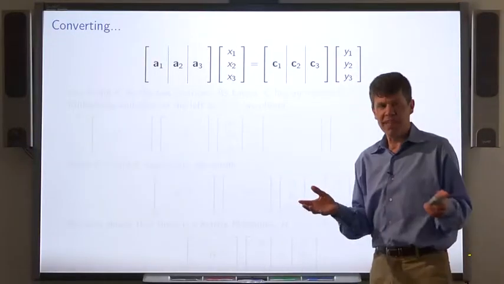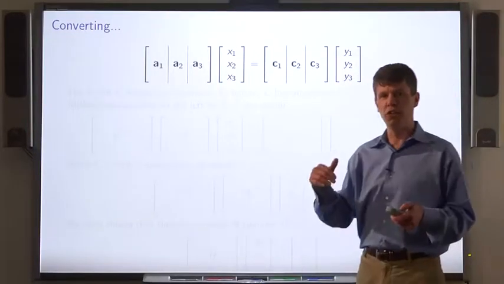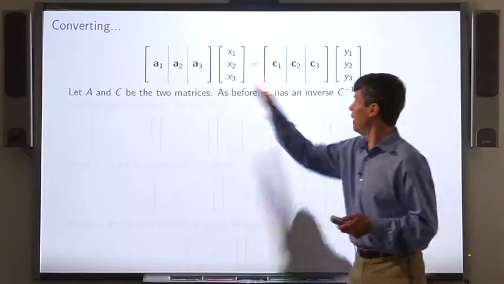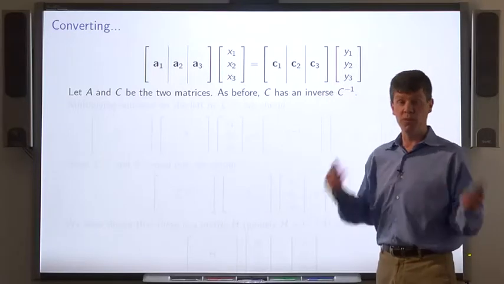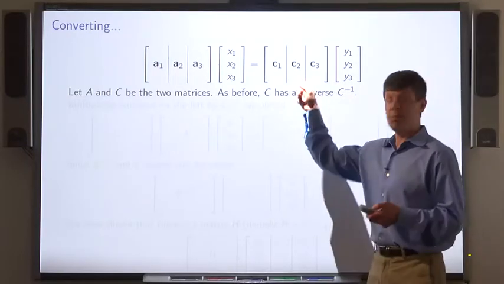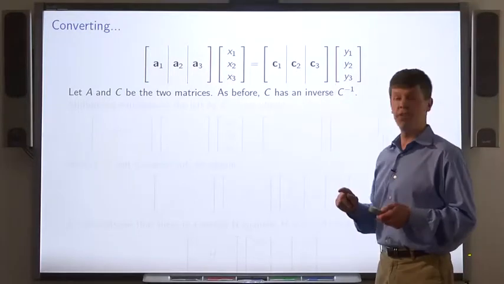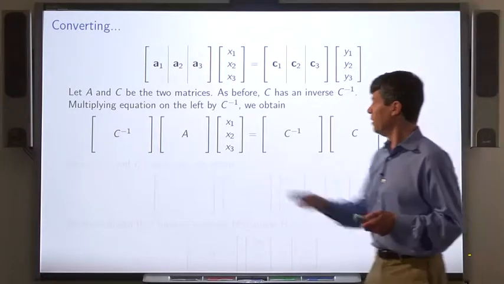And now I'm going to basically be recapitulating an argument I made earlier having to do with change of basis. Let A and C be these two matrices. And as before, when we were discussing change of basis, this matrix C has an inverse, C inverse. Let's multiply this equation on the left by C inverse, and we get this equation.